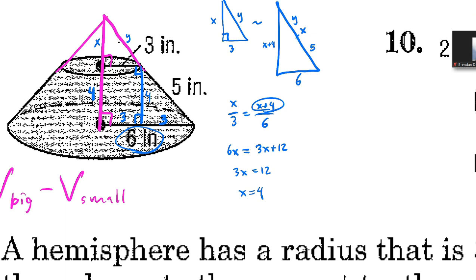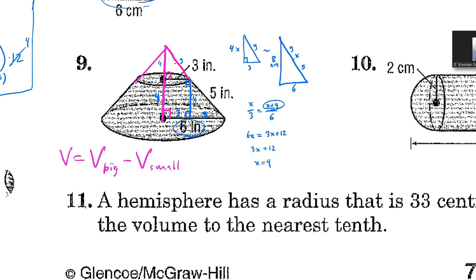Okay, so erasing that x there and putting in 4, if you want to double check that it works out: 4 is to 3 as 4 plus 4, 8, is to 6. Yep, that's a 4 to 3 ratio. It worked out. So now we just plug in our volumes. So 1/3, the area of the base, pi big R squared times big height, minus 1/3 pi small radius times small height.